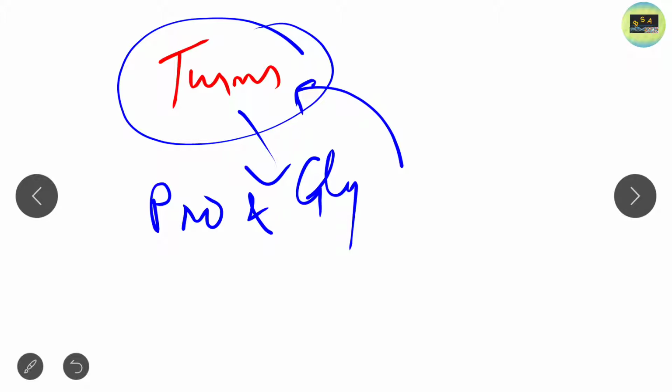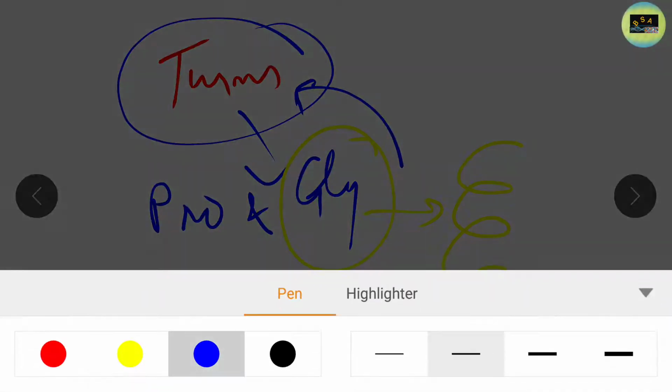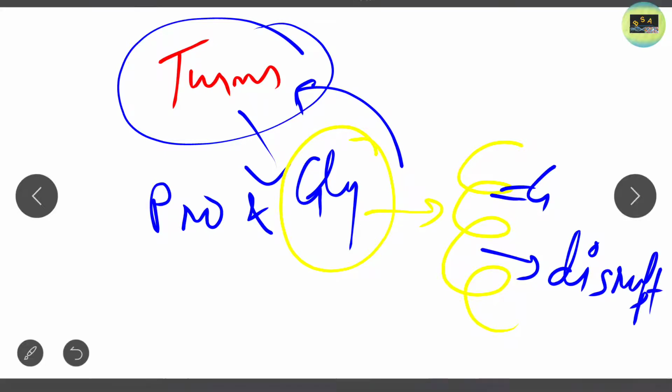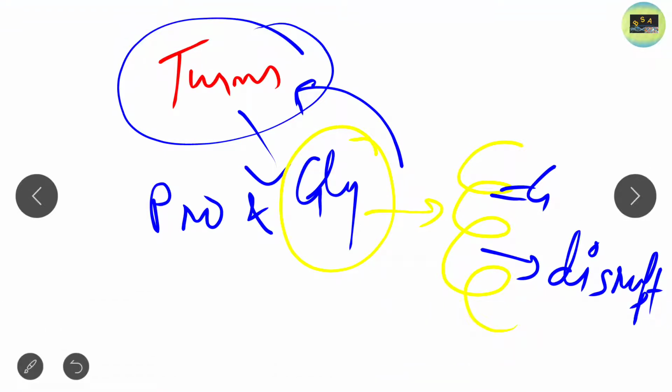And one more important point is that if glycine is present in an alpha helix structure, suppose here glycine is present, then it will disrupt the structure of the alpha helix. Why is it so? We will discuss all these things when we learn the secondary structures of proteins.